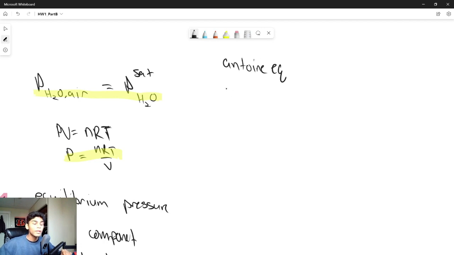However, if we want a more accurate read, we want to use the Antoine equation, which goes like this. It is the log base 10 of pressure is equal to some constant A minus B over temperature plus constant C.